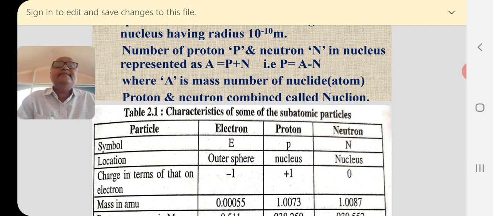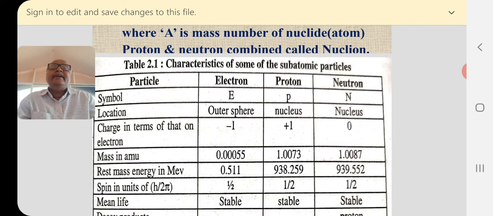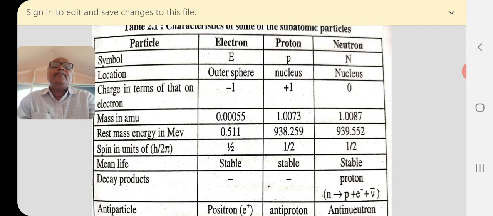When we consider the characteristics of the subatomic particles, it is important to note their symbol, location, charge and mass. Electron has symbol e, is located in the outer sphere, has charge minus 1 and mass 0.000555 atomic mass unit. Proton has symbol p, is located in the nucleus, has charge plus 1 and mass 1.0073.